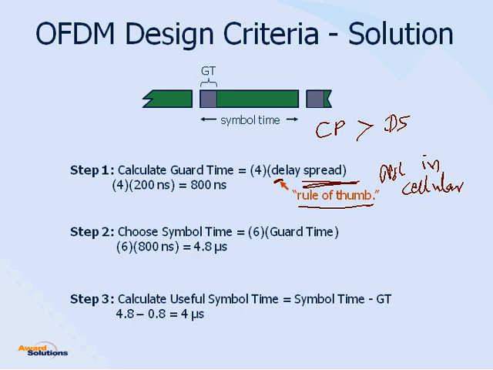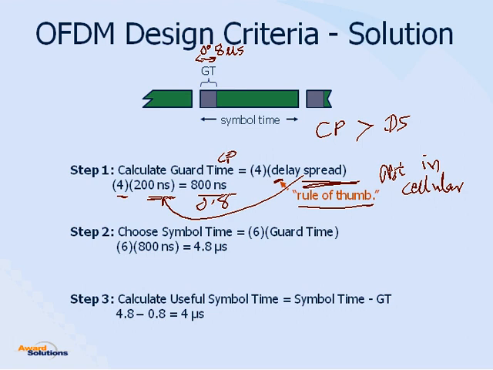For this example only, let's have enough cyclic prefix guard time. So 4 times 200 nanoseconds, which is given to us: 800 nanoseconds, 0.8 microsecond. That is your guard time, inside which you will see the cyclic prefix, cyclic extension.